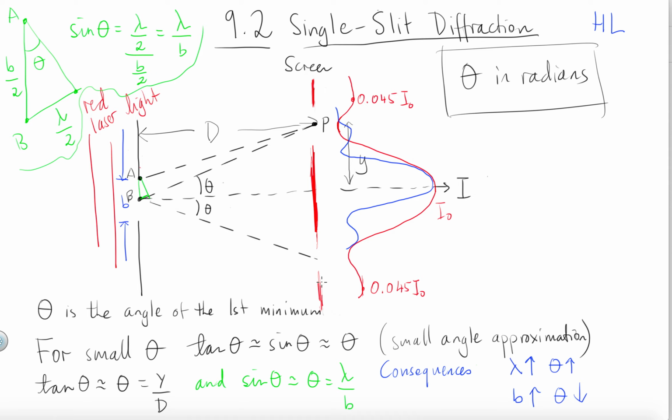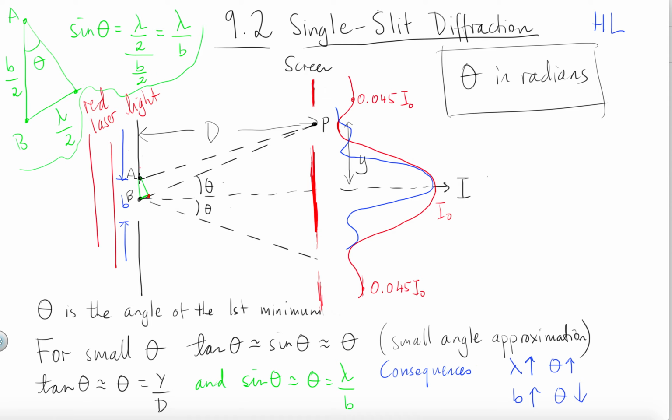Now, the condition for destructive interference is that at this point P we have a half a wavelength path difference in order for there to be destructive interference. So if we make the distance between the slit and the screen very large, then these lines can be considered to be parallel, and this distance here between B and this point here is equal to the path difference, which is lambda over 2.